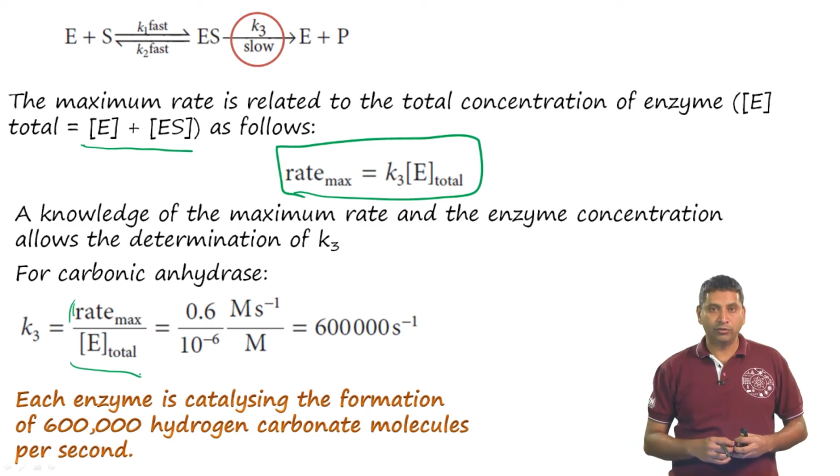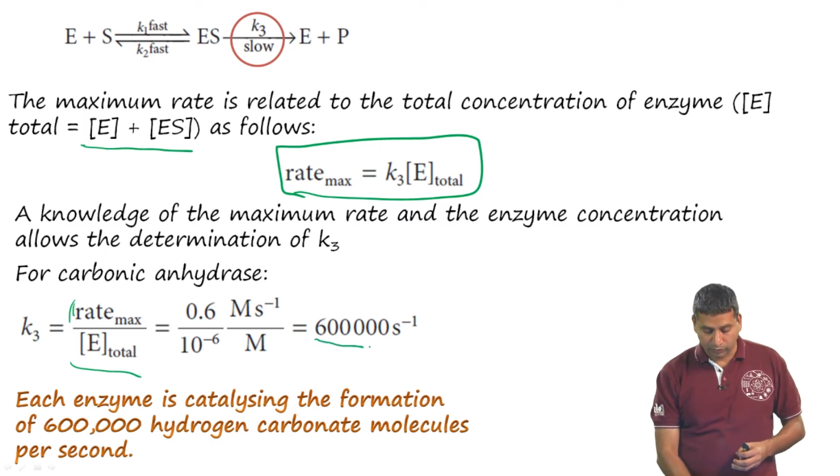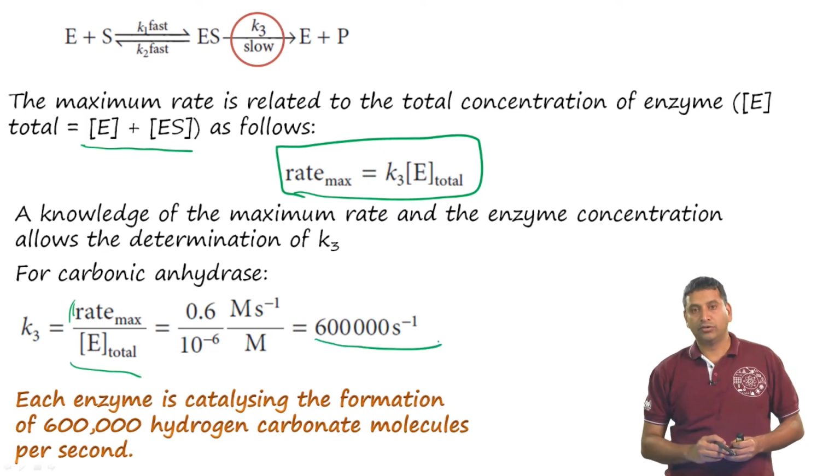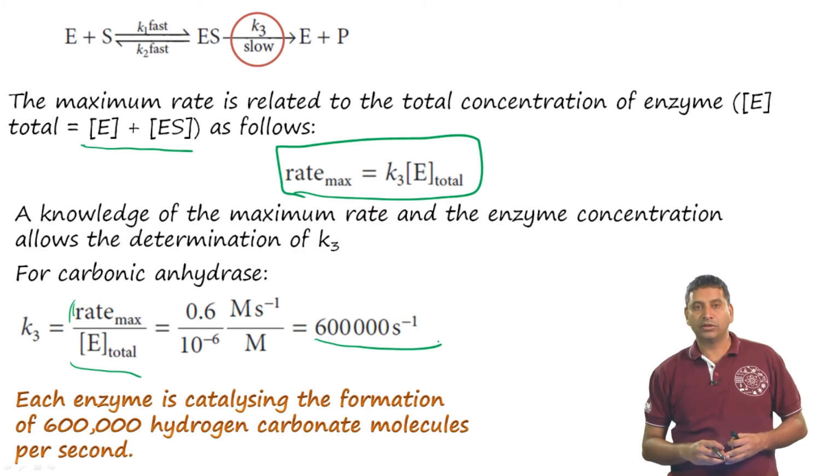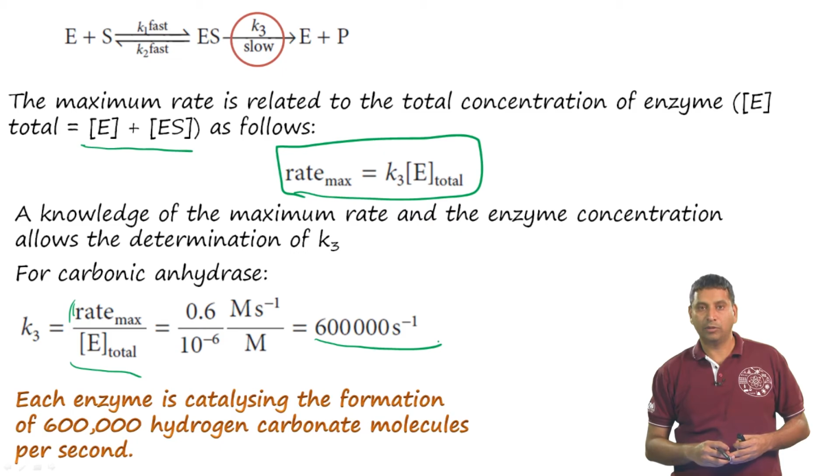So, if I divide these two numbers, then I get a value of 600,000 per second. Okay. So, this is quite a large number for turnover. The example that we are looking at here is carbonic anhydrase, which basically converts carbon dioxide to hydrogen carbonate.